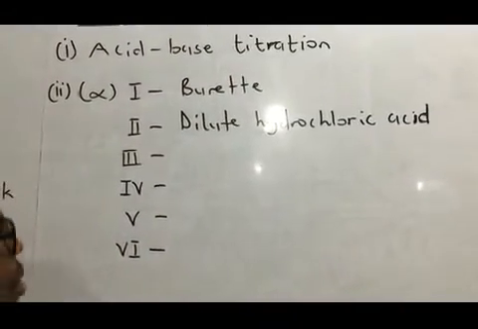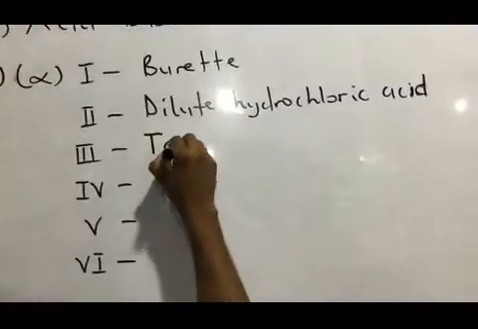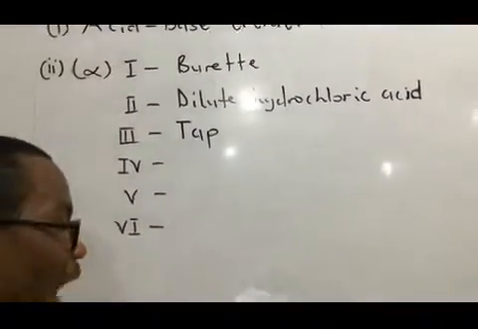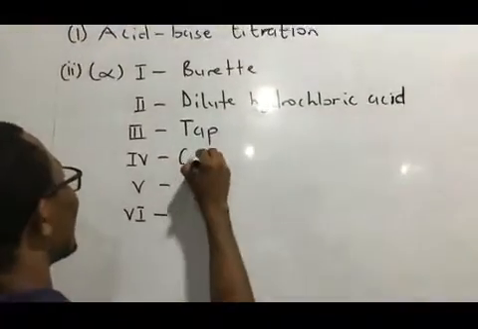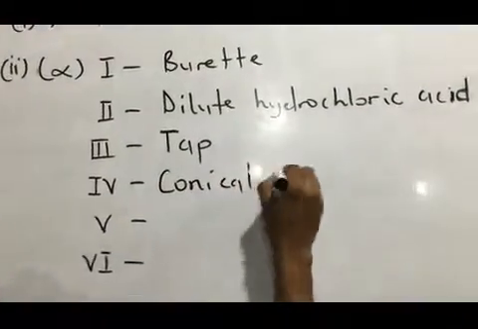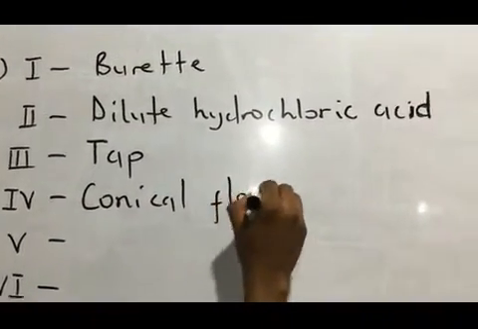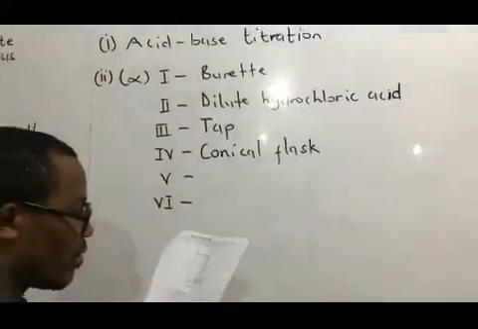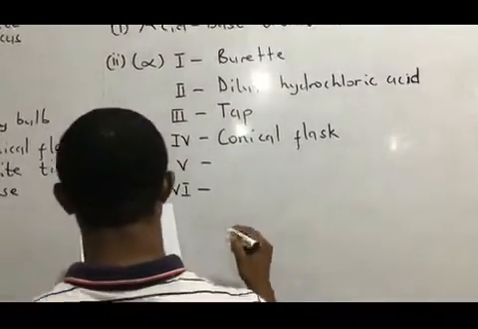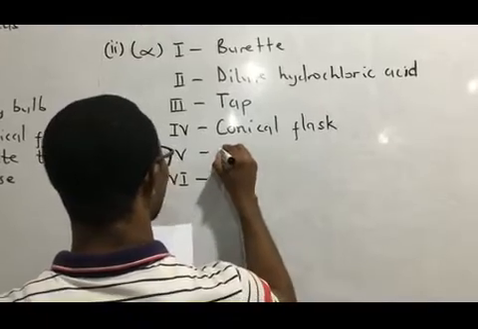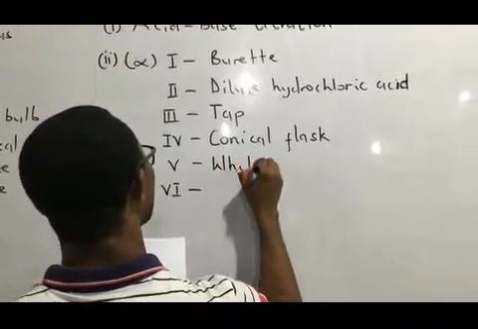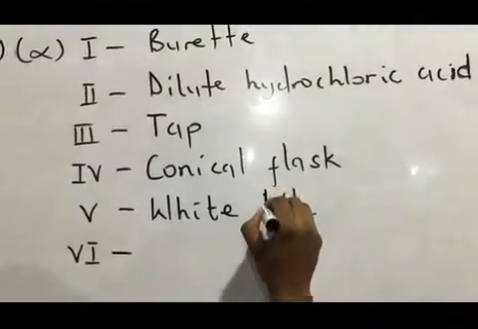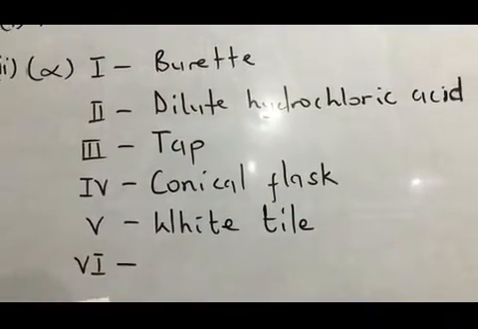Now III is the top. The IV is the conical flask. The V is the white towel.